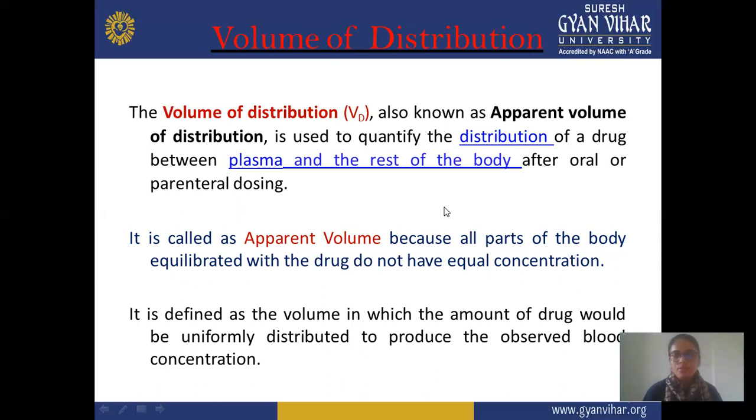It is defined as the volume in which the amount of a drug would be uniformly distributed to produce the observed blood concentration. So you can also say that volume of distribution is defined by how much of the drug would be uniformly distributed to produce the observed blood concentration, that is, at what concentration the drug is available in your blood circulation. This defines how much drug is present in your blood circulation.